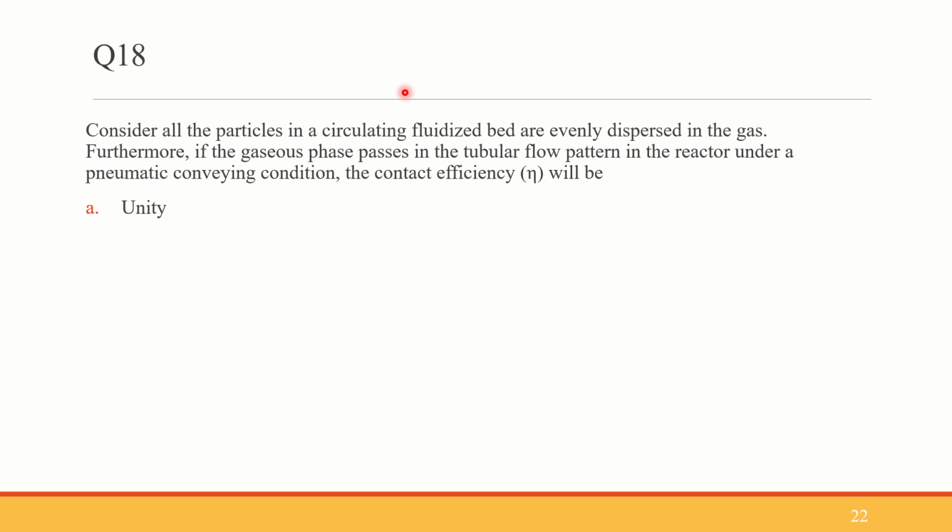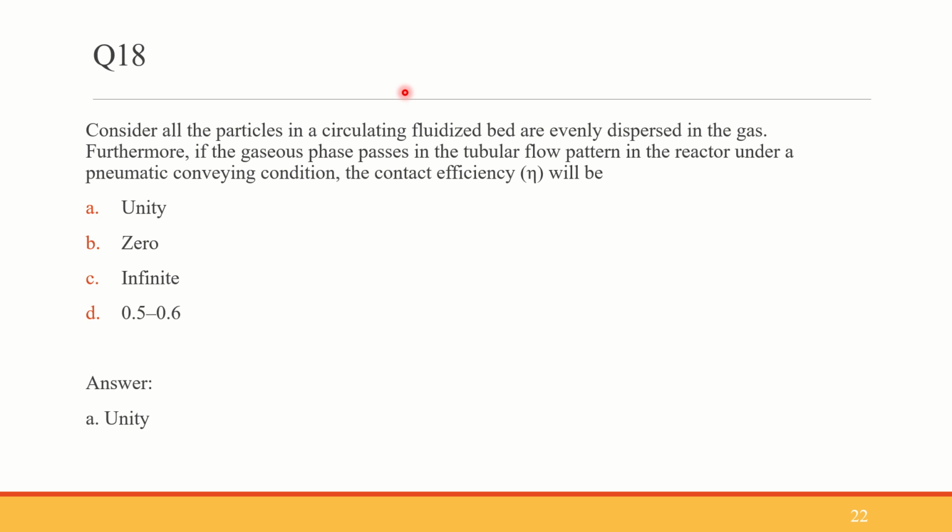Option A unity, option B 0, option C infinite, option D 0.5 to 0.6. This is similar to the last question. Here also the gaseous phase passes in a tubular pattern inside the reactor under the pneumatic conveying condition. So therefore the contact efficiency is again unity.